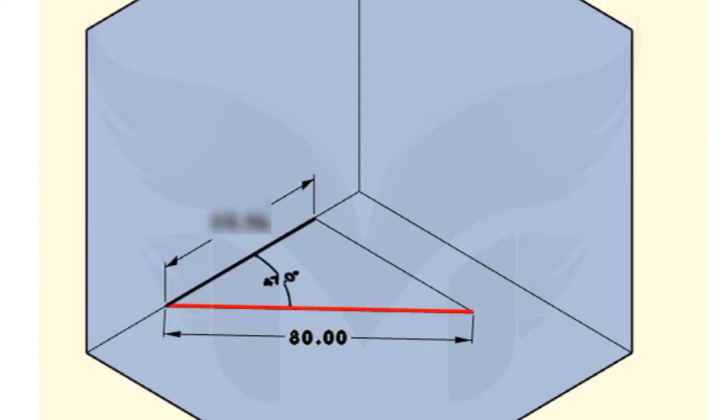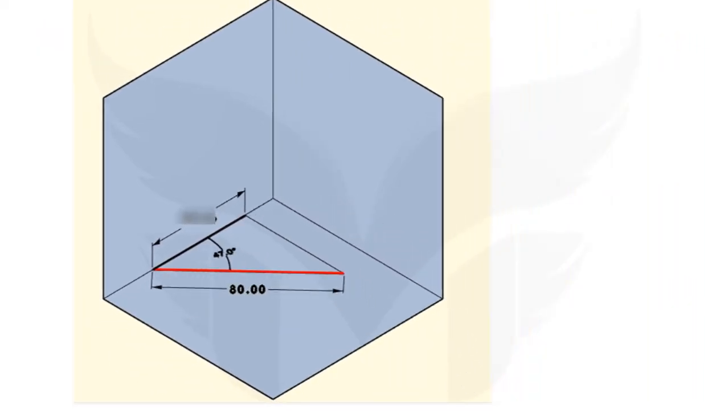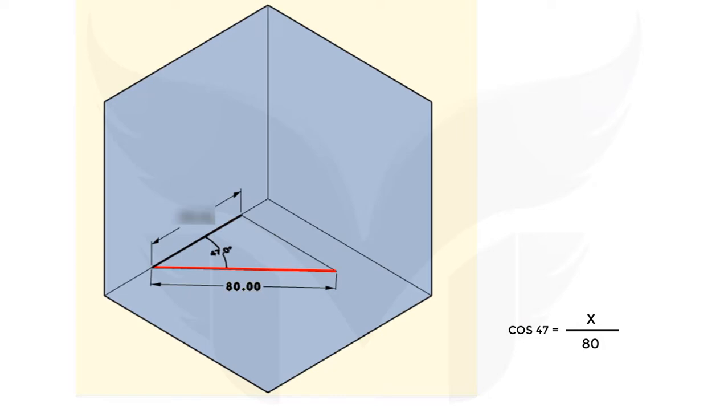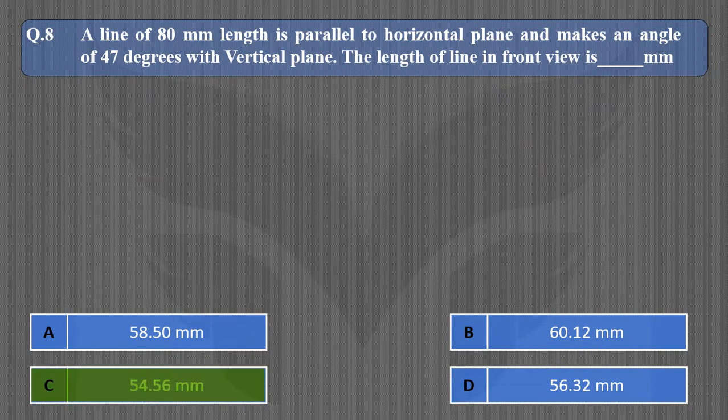So to know the length of a line in front view, we can use a formula cos 47 equal to adjacent side upon hypotenuse and calculate the adjacent side, which is nothing but a length of a line in front view, which is also known as an elevation length. And you will get an answer which is 54.56, which I have already mentioned. So correct option is C.